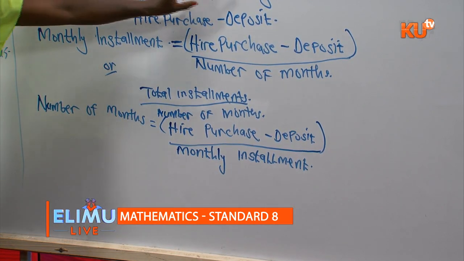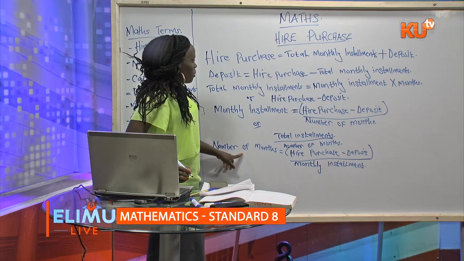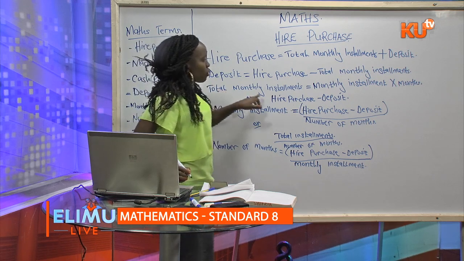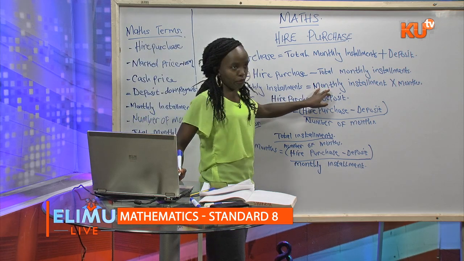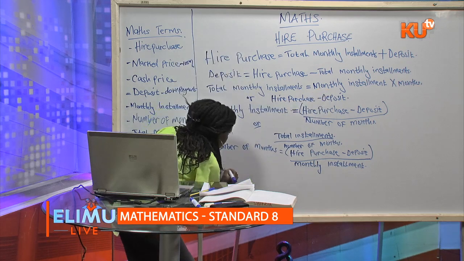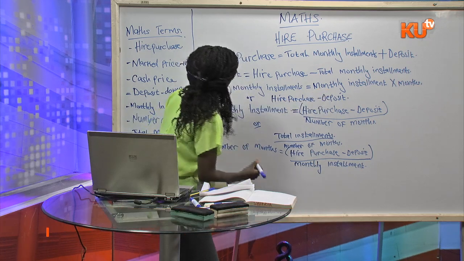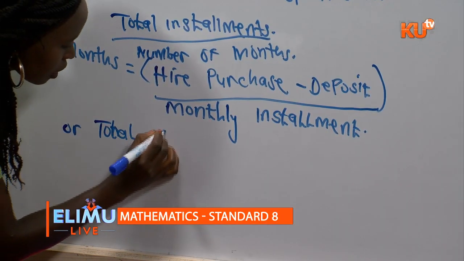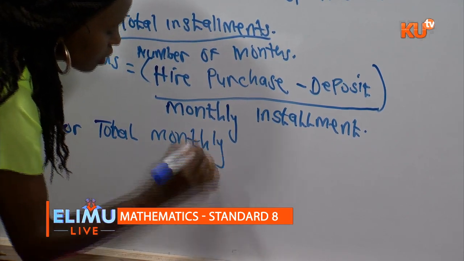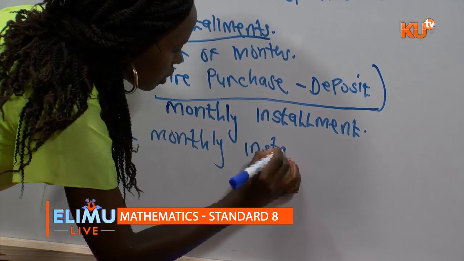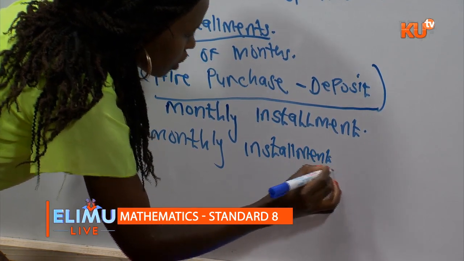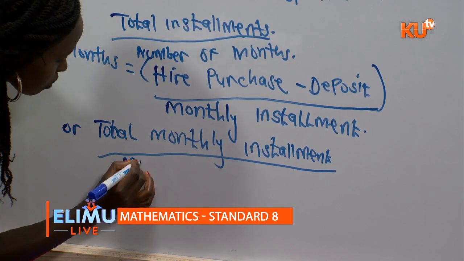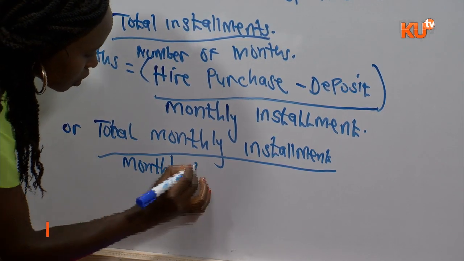Using the other statement, we can still get the number of months, whereby we take the total monthly installment and divide by the monthly installment.